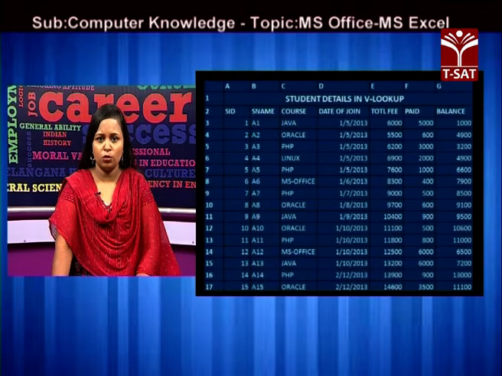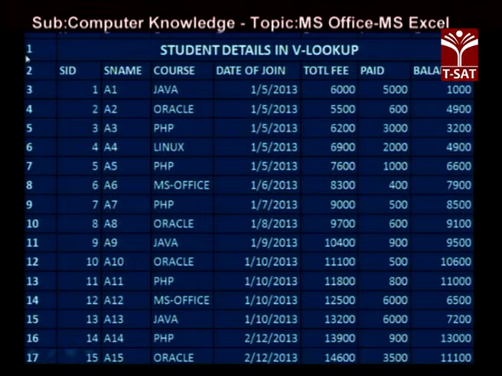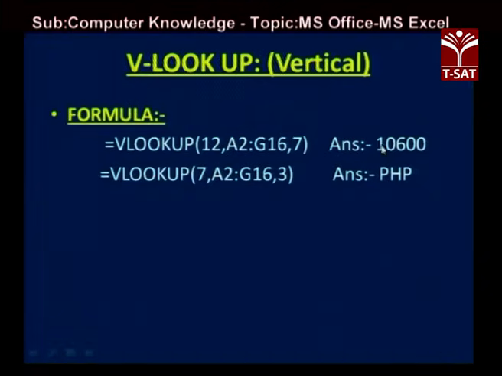I will explain it in the table. This is 12 here, and the table range starts with A2 to G17, and the 7th one is the balance column, that is 1, 2, 3, 4, 5, 6, 7. The 7th one for 12, that is 10,600. This is the answer, 10,600, by vertical search.